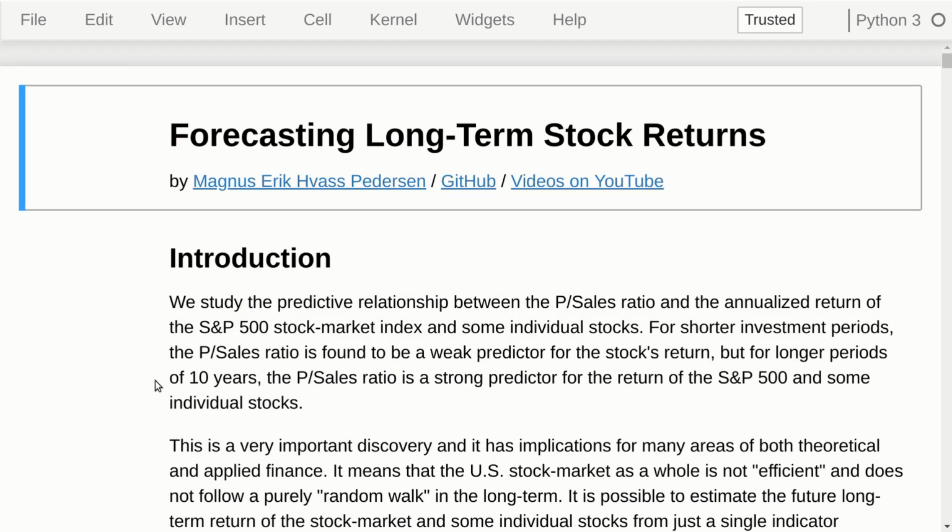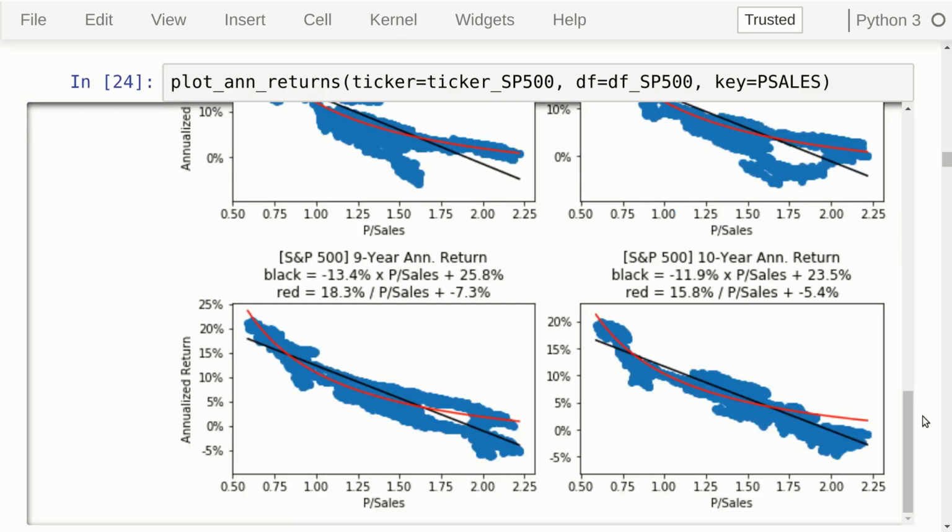Now, you really should have seen the first video in this series before you watched this video here. It is about forecasting long-term stock returns using the price-to-sales ratio for the S&P 500 and some individual stocks. And what we had were these scatter plots here, where we would have the price-to-sales ratio of the S&P 500. And this is not for individual companies.